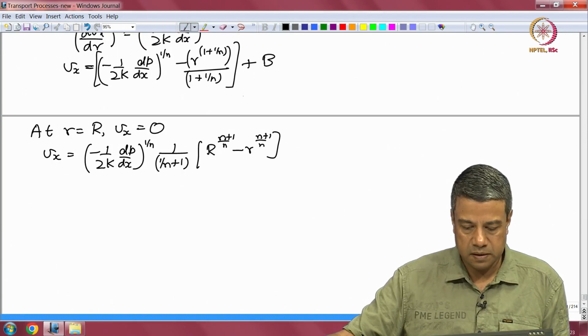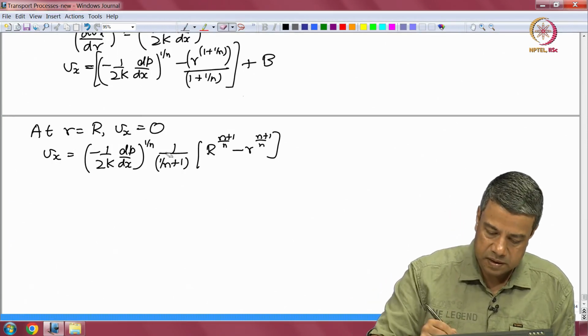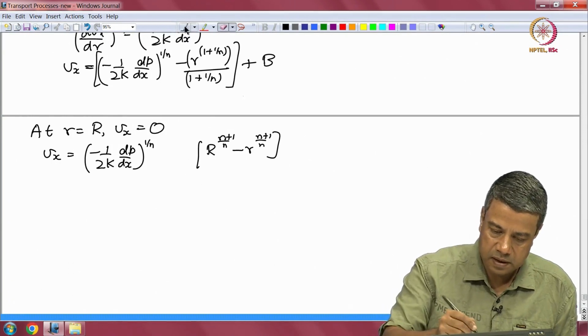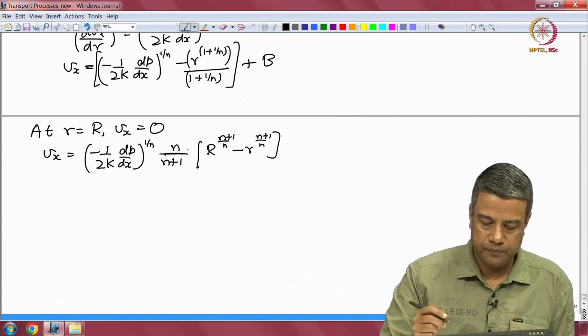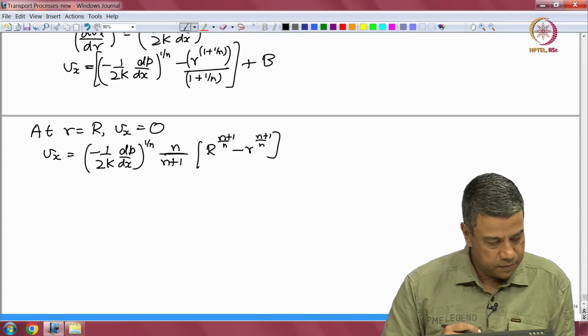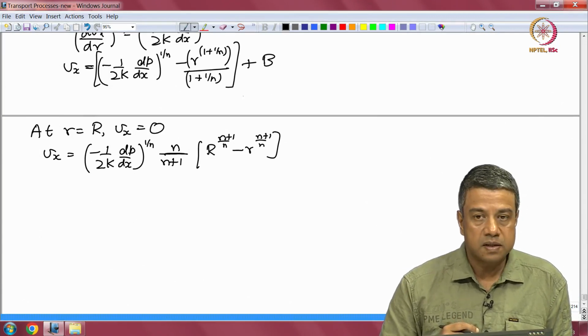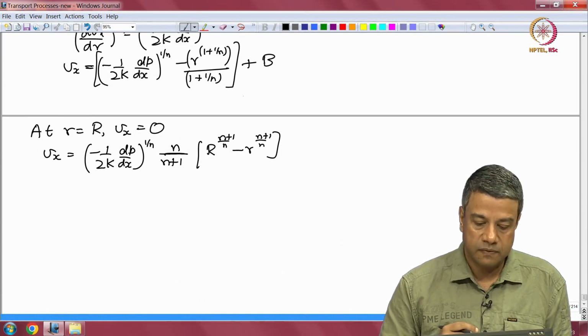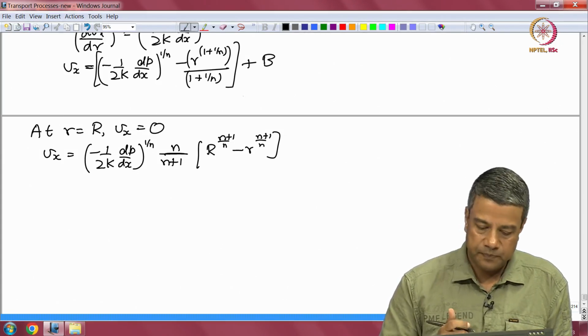doing the integration. Okay. 1 by n plus 1 is n plus 1 by n. So, this first term can be written equivalently as n by n plus 1. So, we have got V x as a function of r. Okay.